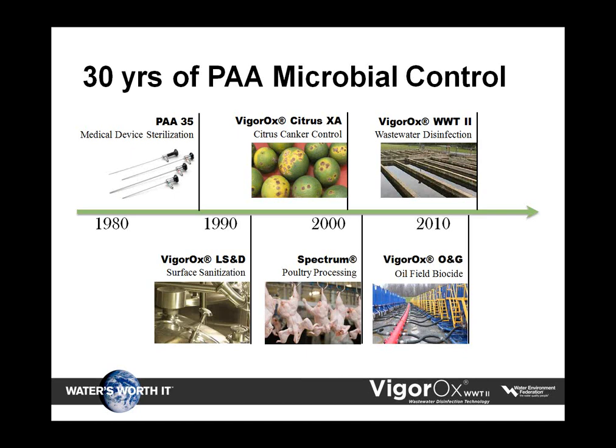Typical CT values for hard surface applications range from about 80 to 150. Eight years later, due to an outbreak of Xanthomonas campestris on fruit-bearing trees, we launched the Vigorox Citrus XA product, which can be sprayed within an orchard to control this pest. Typical CT values for this application also fall within the range of about 80 to 150.